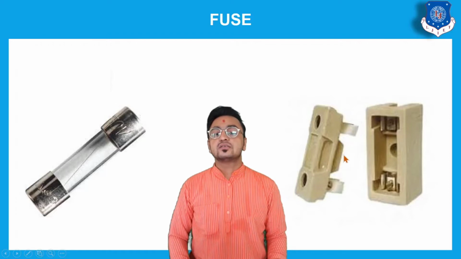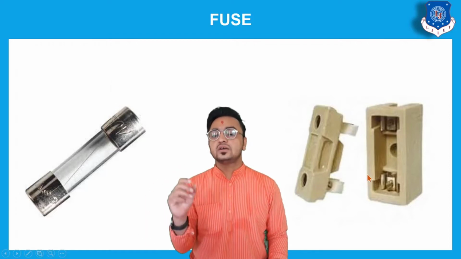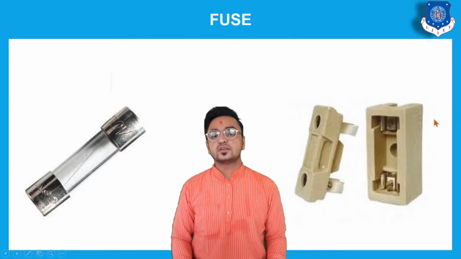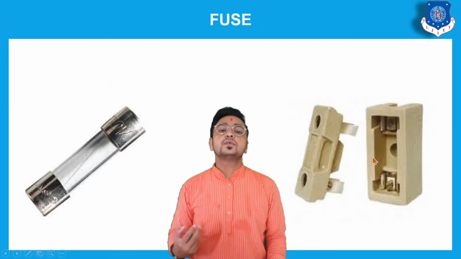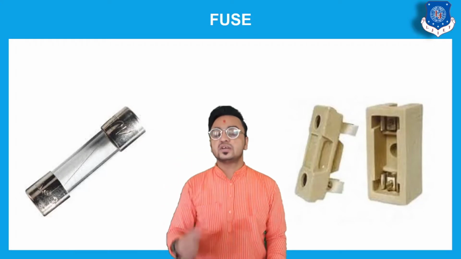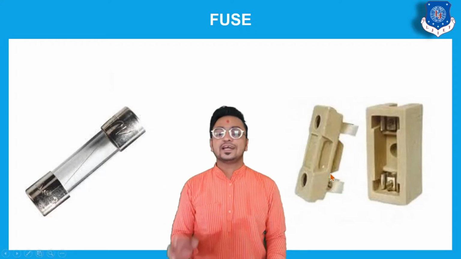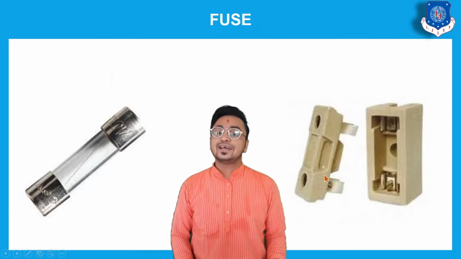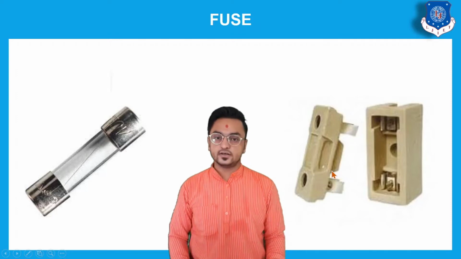So when this body is placed on this body, that will provide a connection between these two contacts, and that will provide the closed circuit. But if there is excess current beyond some particular limit, the fuse wire between these two contacts will melt, and that will protect the circuit in which this fuse is provided.